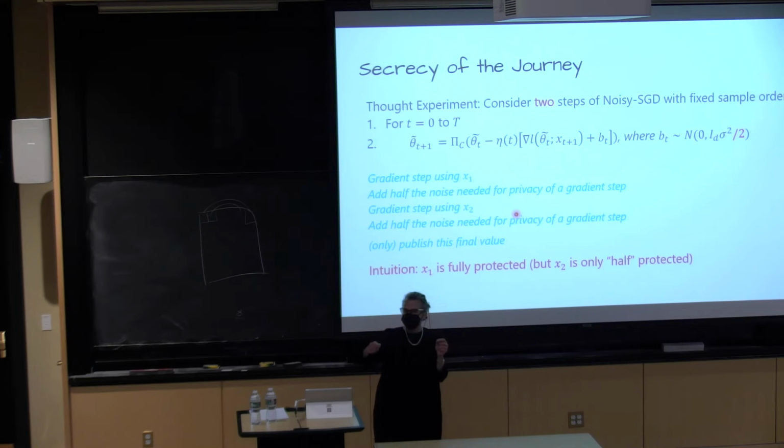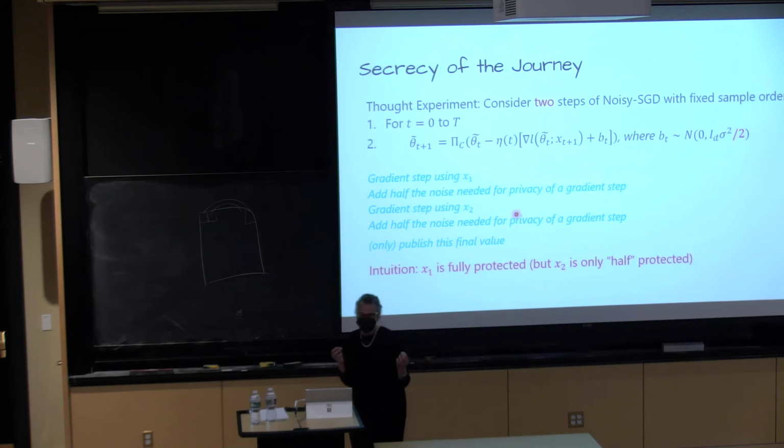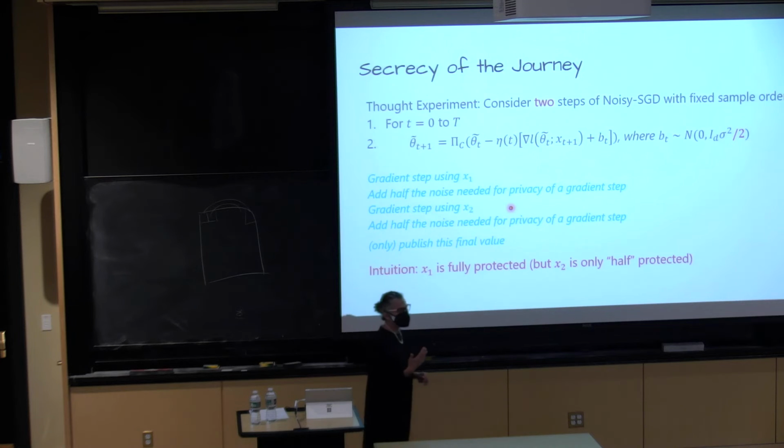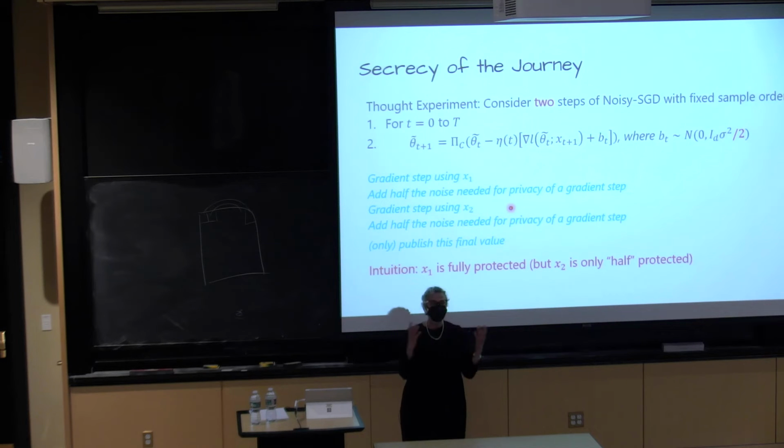So even though it didn't all happen at once, the total noise after x1 got involved is the right amount. And one thing that we did that was really important, we did not publish the result after we added that sort of half noise. We kept that secret. And so x1 possibly is completely protected.